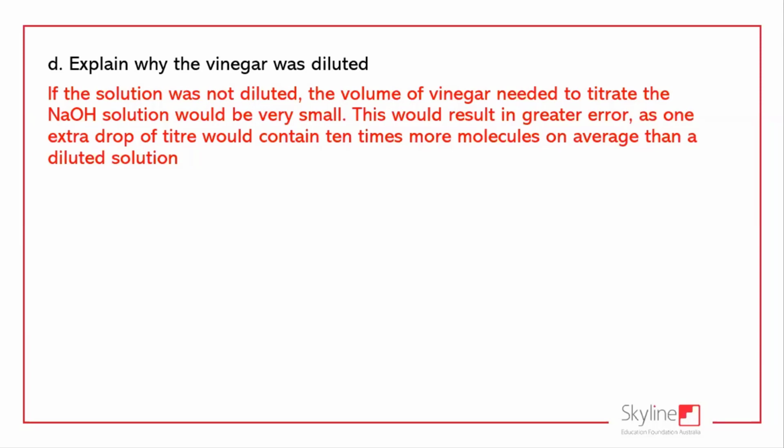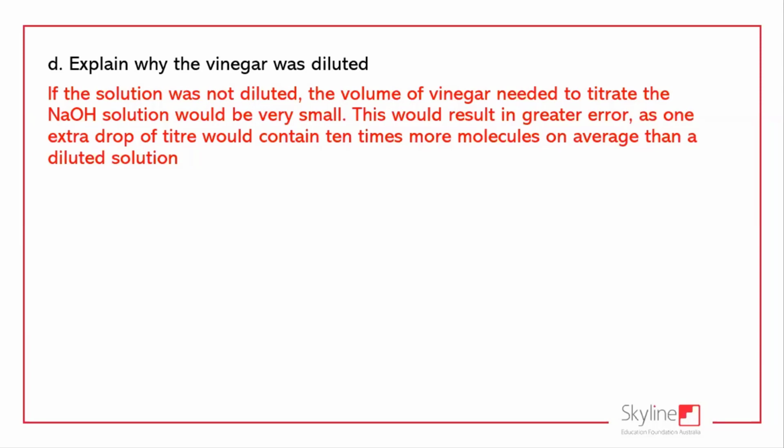What this is saying is, in a titration, we're essentially going one drop at a time, and we're checking after each drop if the indicator has changed colour to let us know that the solutions have reached their equivalence point. If we're using drops of a very high concentration, we're not going to need many drops, but one drop signifies a lot of molecules, and that can have a dramatic effect.